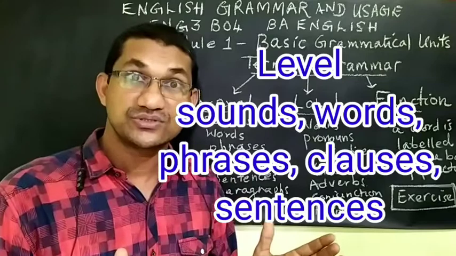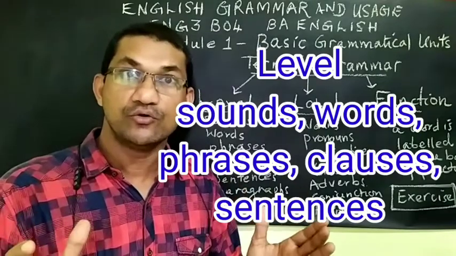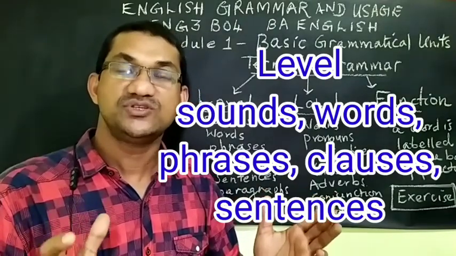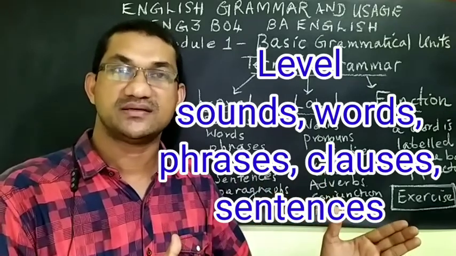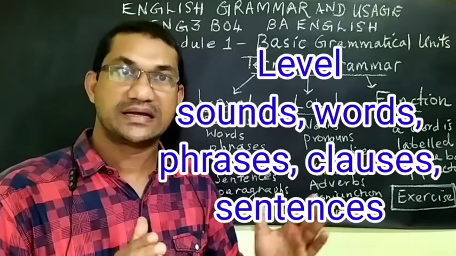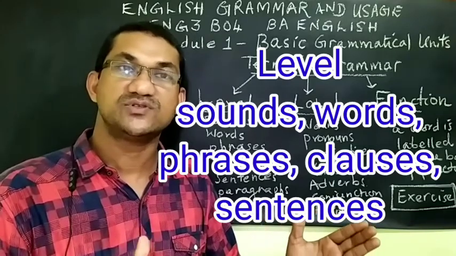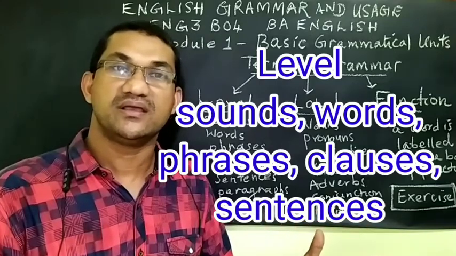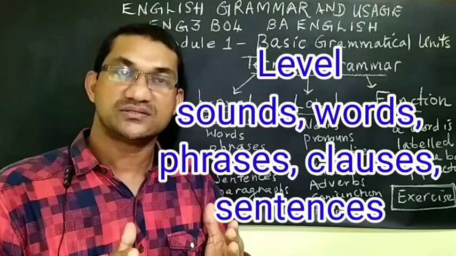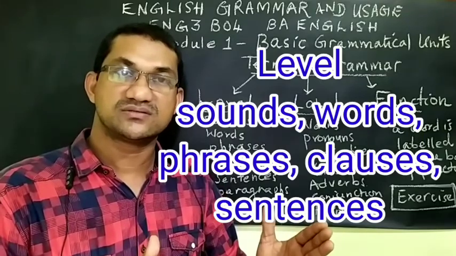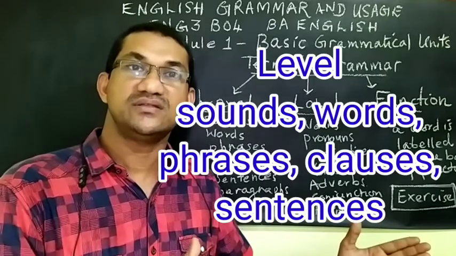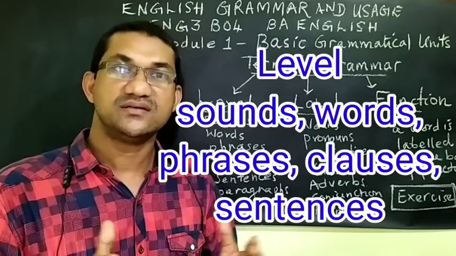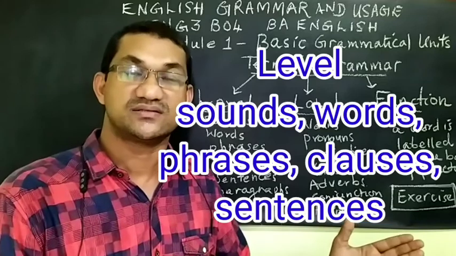What is a clause? A clause is a group of words in which we have a subject and a predicate. The cat chases the rat. The cat is chasing the rat. The rat is chased by the cat.